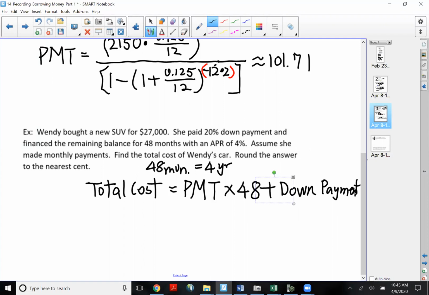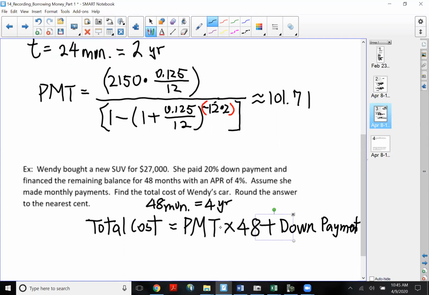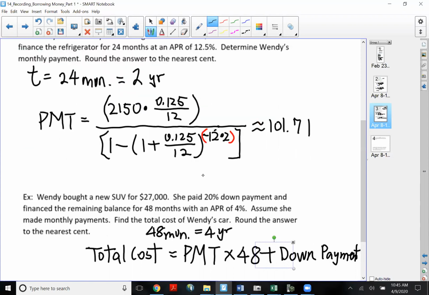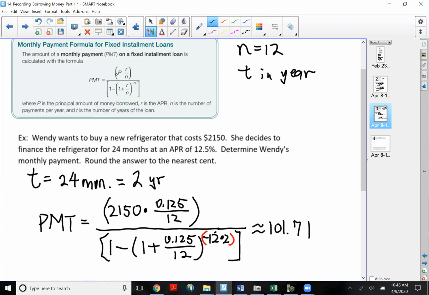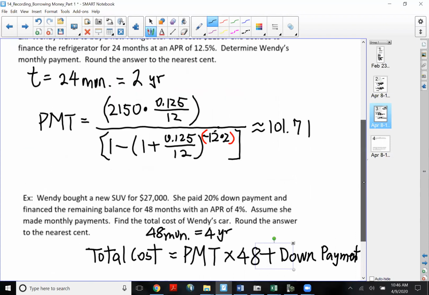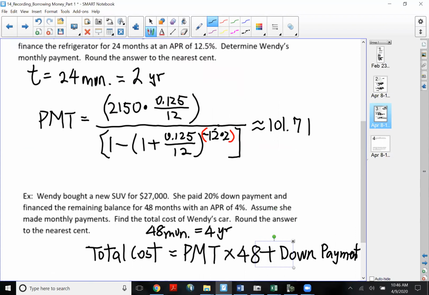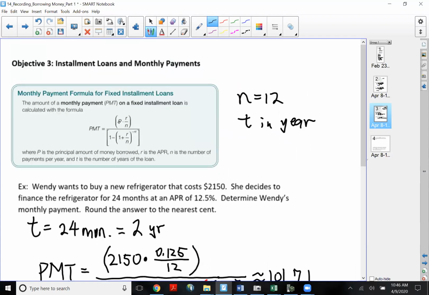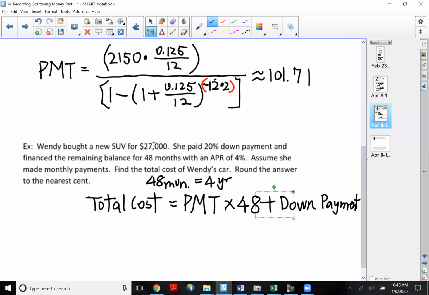Okay. So in this formula, in order to find the monthly payment first, we need P, we need R, we need N. I think our R is 4%. Our T is 4 years. So principal, how much money did she borrow? Well, she did not finance the entire $27,000 because she's going to put 20% down.